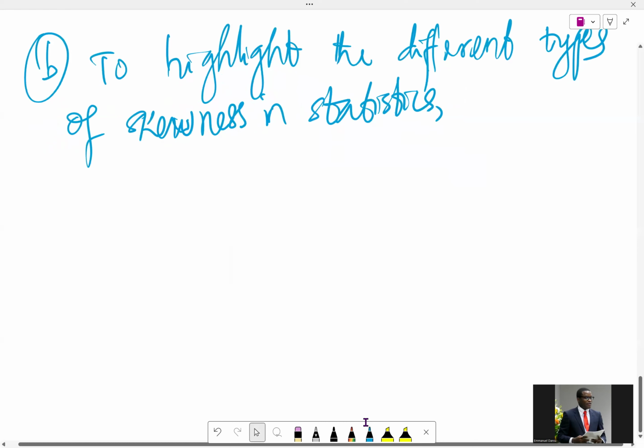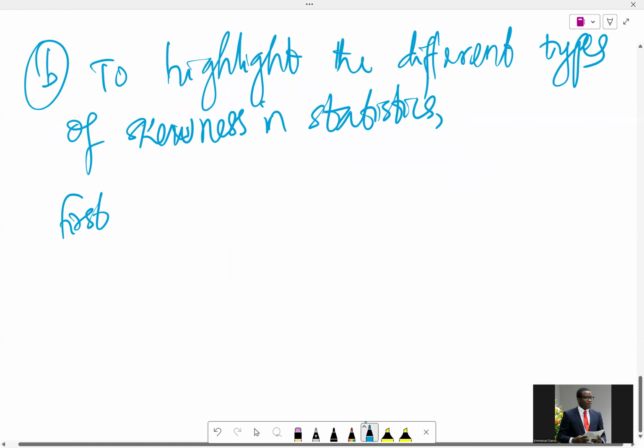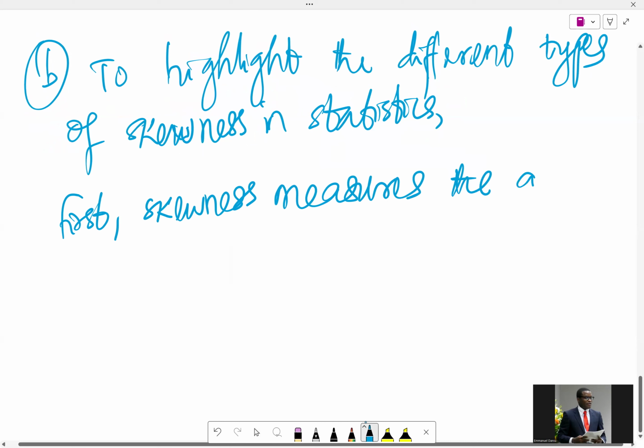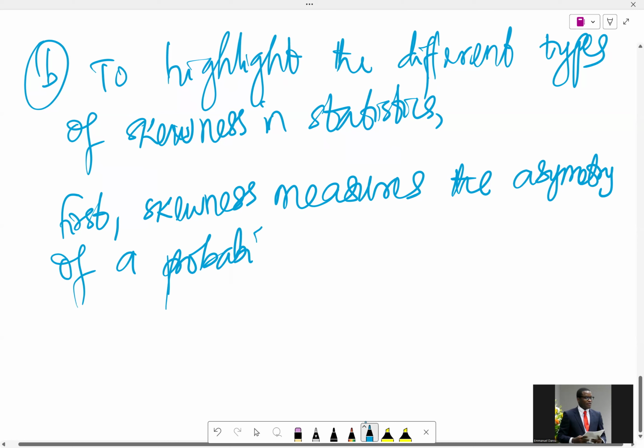First, we need to know that skewness measures the asymmetry of a probability distribution.